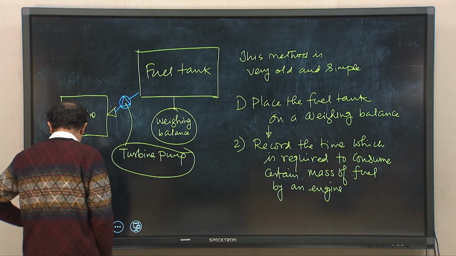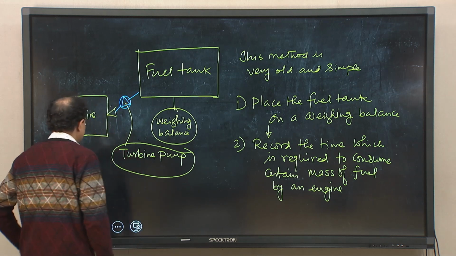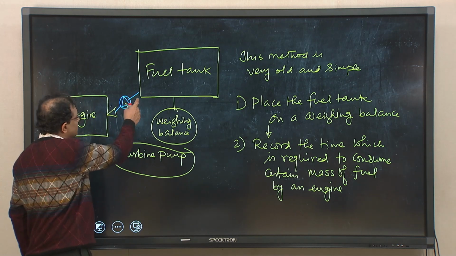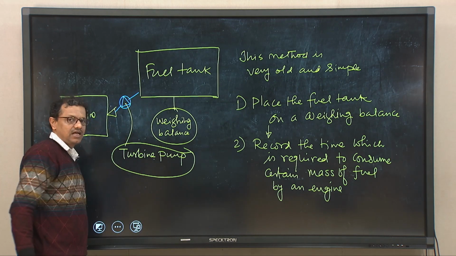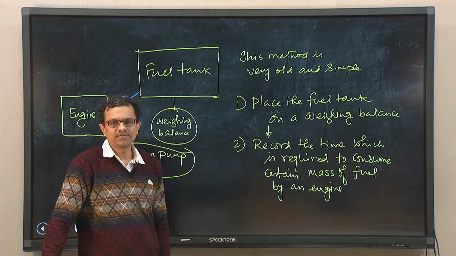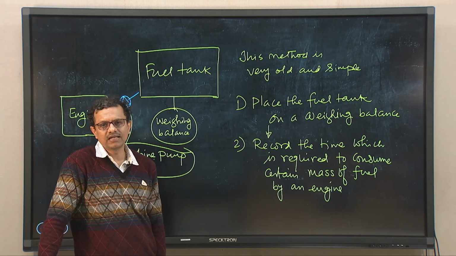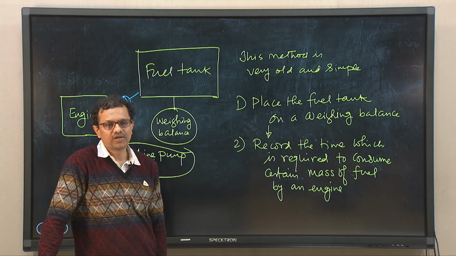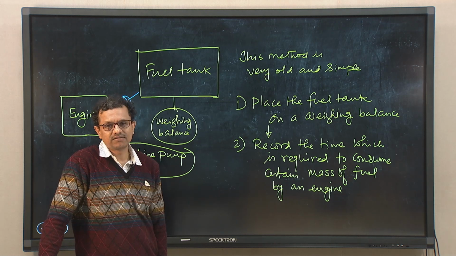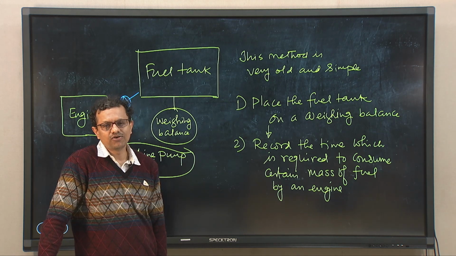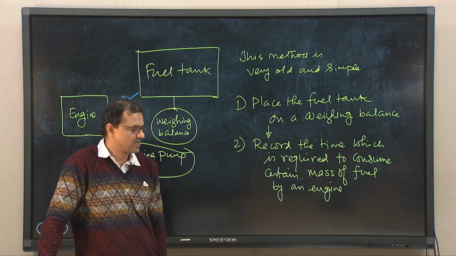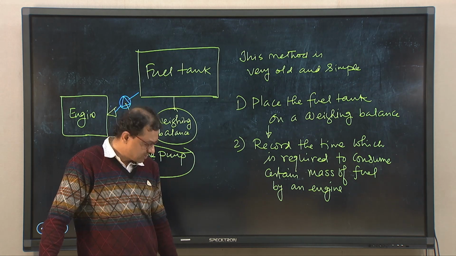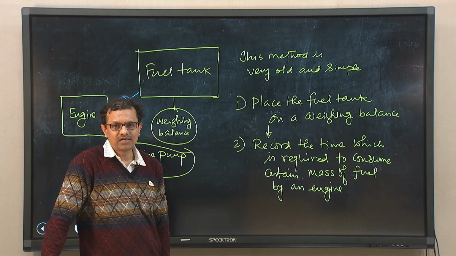So, this turbine pump can be placed in the line connecting the fuel tank to the engine, and the speed of this pump can be taken as a measure of the fuel flow rate. Note that using this device we can measure the volume flow rate of fuel instead of the mass flow rate of fuel. So, this is a very simple and old method that I have already mentioned.